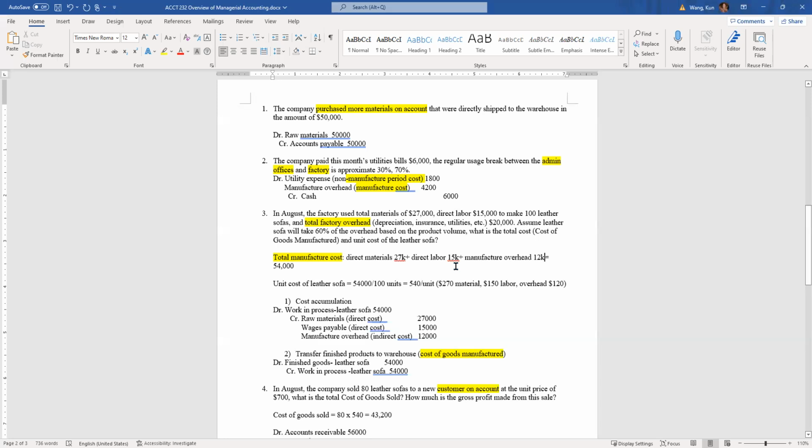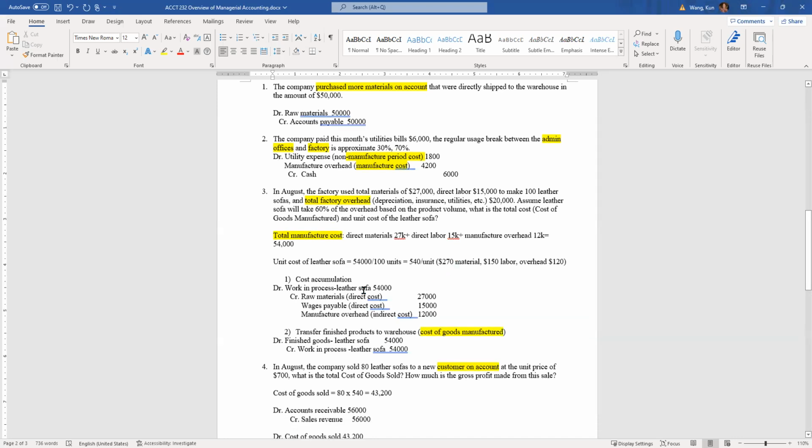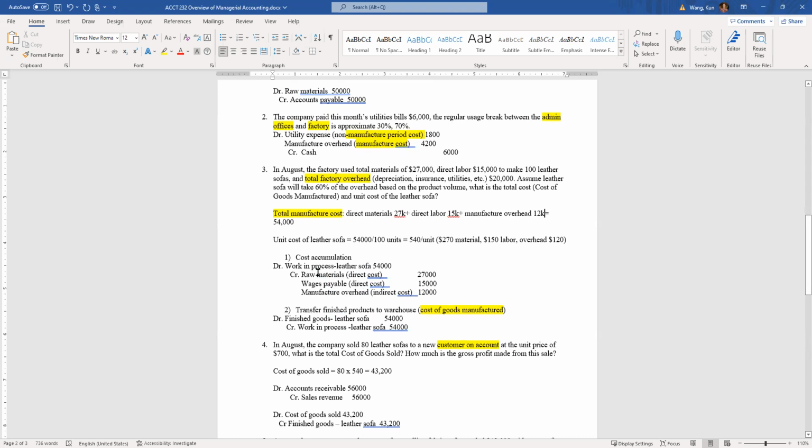So corresponding to the discussion we have in the beginning, financial accounting accommodates external users and managerial accounting satisfies the information needs of internal managers. So private information.